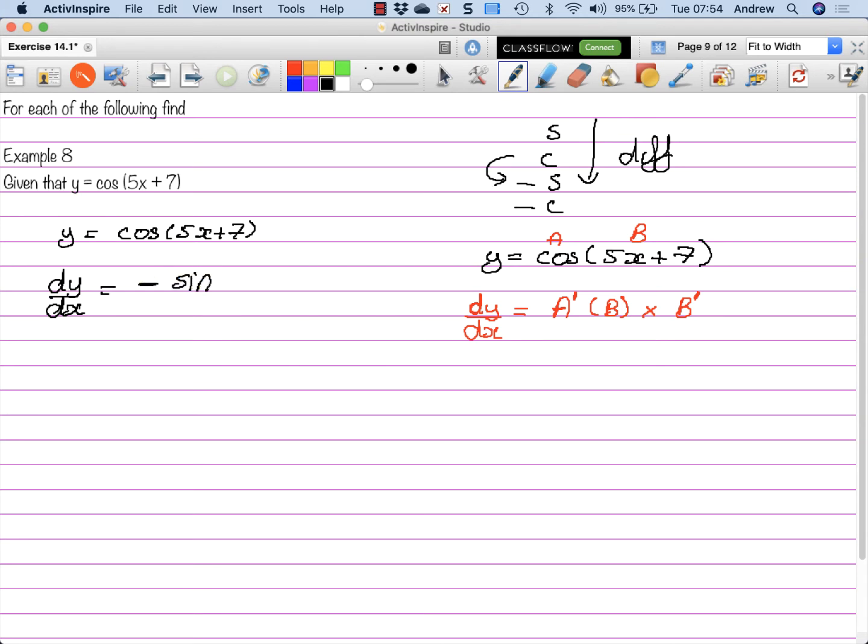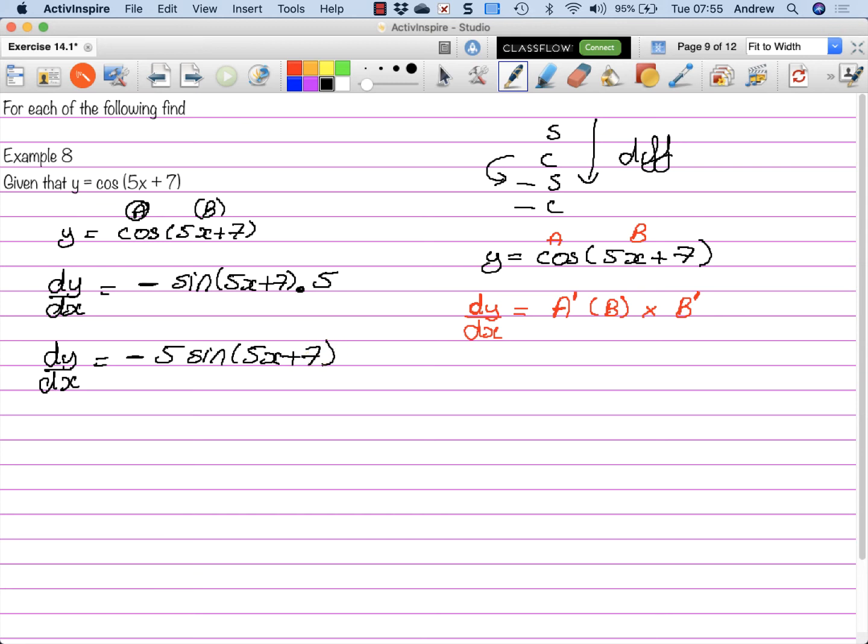So we differentiated the outside part, and the inside part remains unchanged, so it remains 5x plus 7. And then we multiply by the differential of what's inside, which is going to be 5. So tidying this up, dy/dx is equal to minus 5 sine of 5x plus 7.